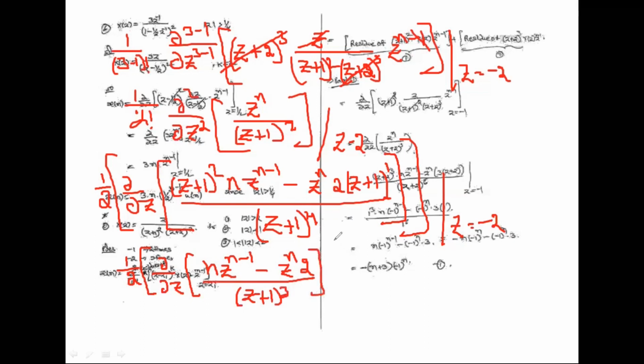Got it, my dear students? At z is equal to minus 2. So I take here the z plus 1, because it is squared, z plus 1 is also there. z plus 1 into n into z power n minus 1. Got it?